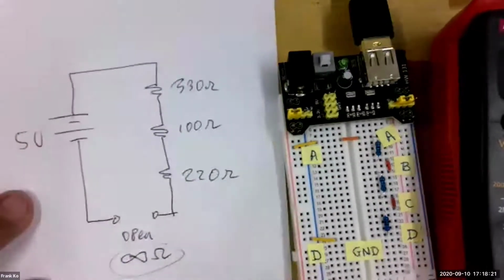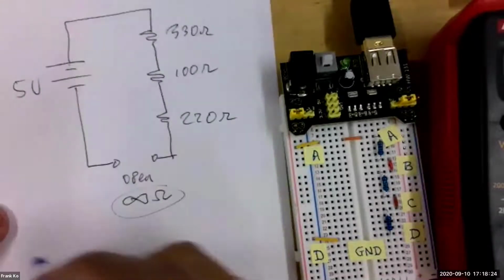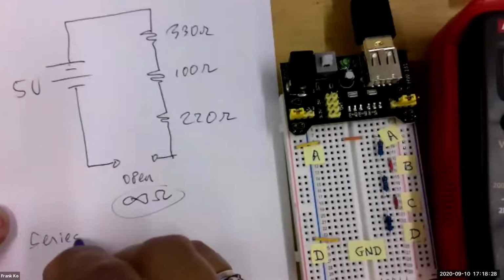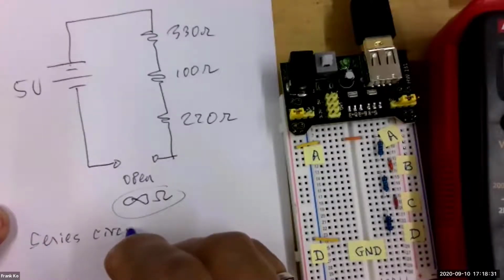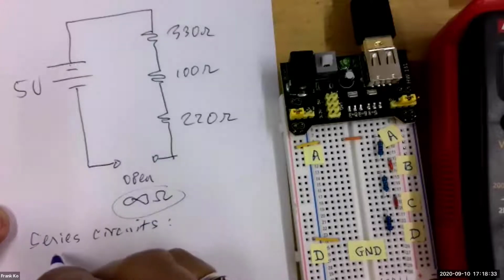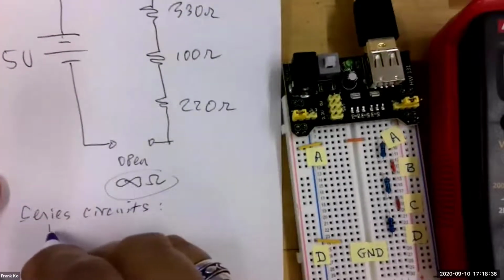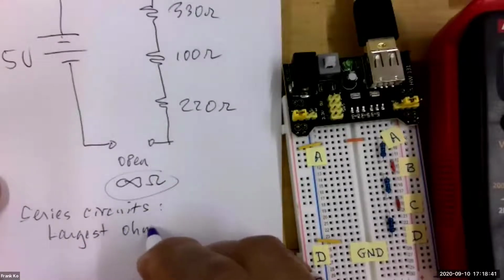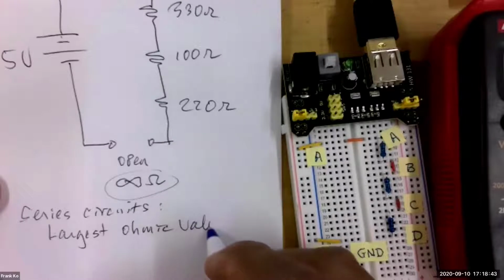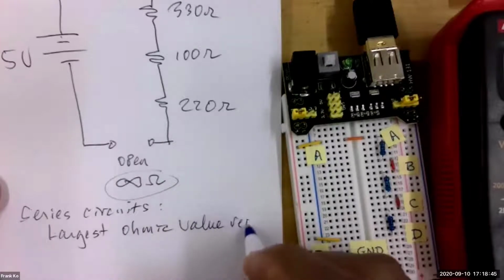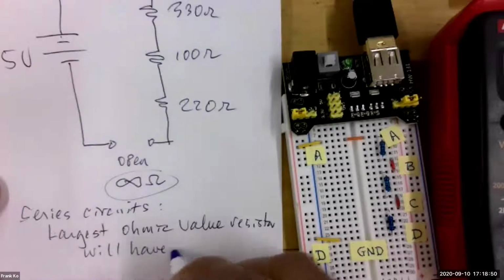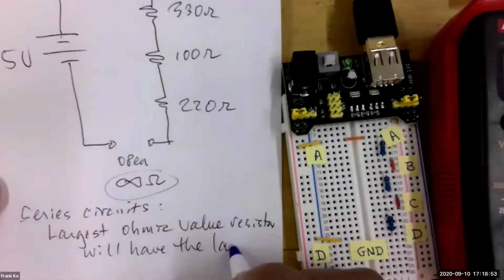So if you go back and think about, do you remember this statement in series circuits? In series circuits, the largest ohmic value resistor will have the largest voltage.